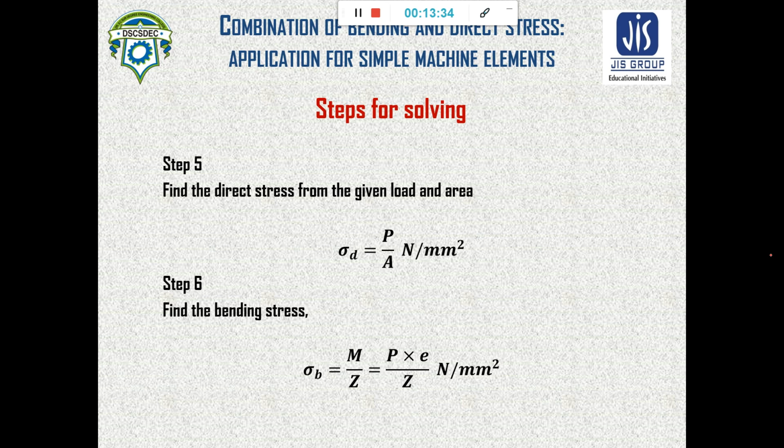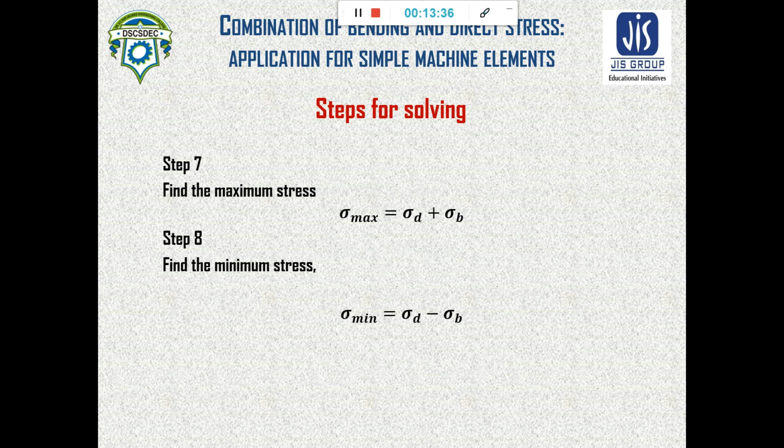So the combination of these two stresses will give rise to the maximum stress, and the value of the maximum stress will be sigma D plus sigma B. As we discussed earlier, just do one thing. After understanding these steps for solving, go through your previous PPTs and find out if we are following the same routine exercise for all those problems or not.